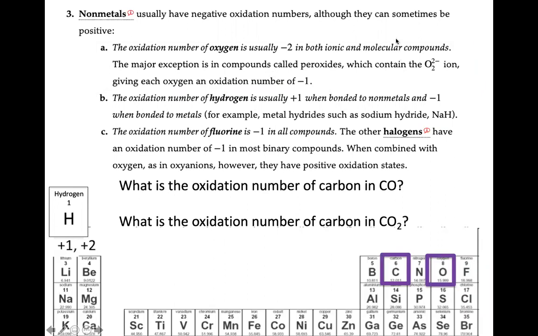Now, if I compare that then with carbon, which of these would be more electronegative? Oxygen is more electronegative than carbon. Oxygen will become 2-. What is carbon then? Well, it depends on what the formula is that I'm trying to deal with. So take a second.